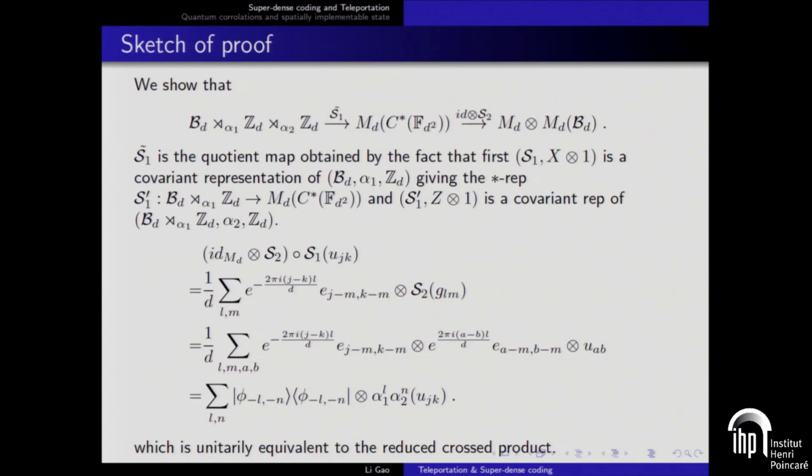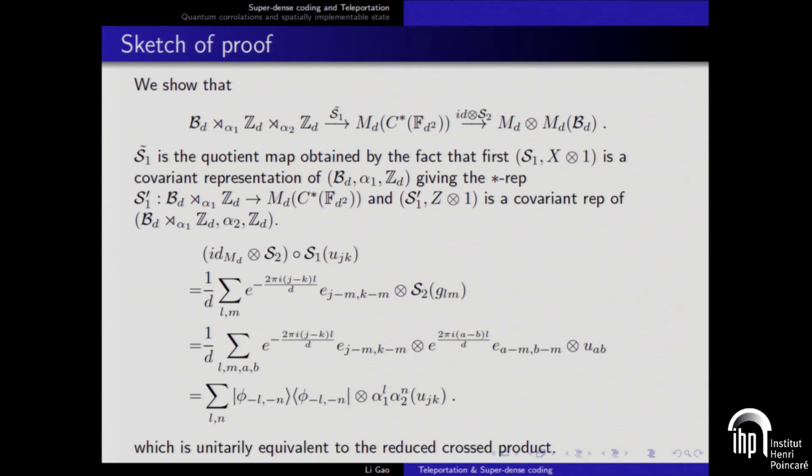I would like to give a sketch of the proof only for the first isomorphism. The idea is to prove it in two steps. First, from the iterated cross product, we want to use the full cross product definition. That is, if we have the star homomorphisms combined with the Pauli matrices X, this gives a covariant representation of the first part of the cross product.